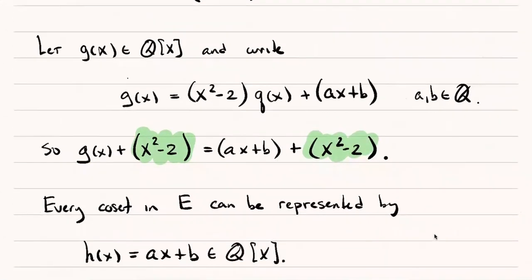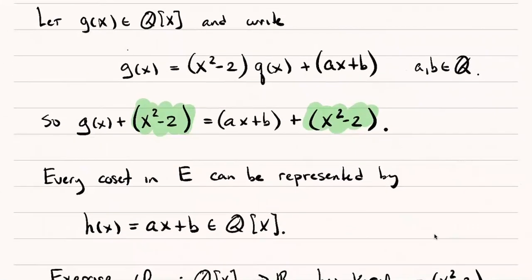So if I summarize that, every coset in E can be represented by a linear polynomial. You don't have to use an arbitrary polynomial when you're taking a coset. It can be a polynomial, I shouldn't say linear, of degree less than or equal to 1, more precisely.